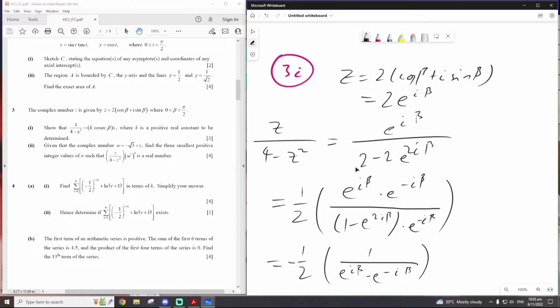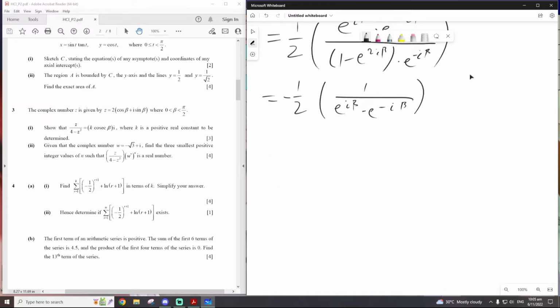Okay, now here is the trick. Recall that e^(i beta) minus e^(negative i beta) is actually the difference of a complex number and its conjugate, which is always 2i times the imaginary part. So I'll get 1 over 4i sine beta.